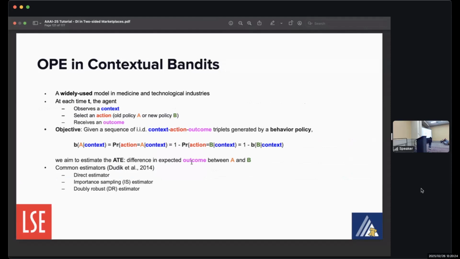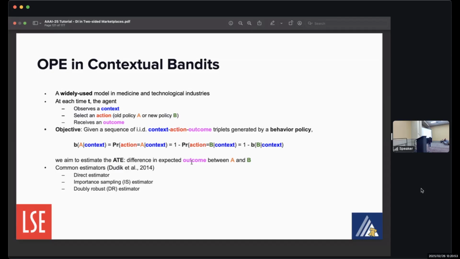Now, the objective is that suppose we are given an IID sequence of those context-action-outcome triplets generated possibly by a certain behavior policy. So here we use this function b to denote the behavior policy. So basically it tells us what is the probability of choosing each action in the given context, given a contextual variable in the offline data set.